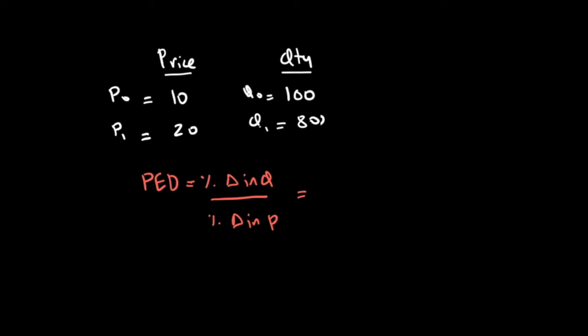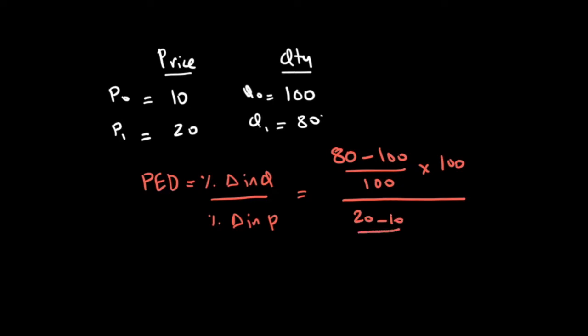What is the percentage change in QD in this case? Remember, percentage change is new minus old over old times 100. So for quantity, it's 80 minus 100 over 100 times 100. For price, it would be new minus old, which means 20 minus 10 over old, which is 10, times 100.